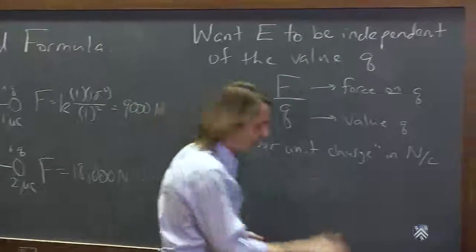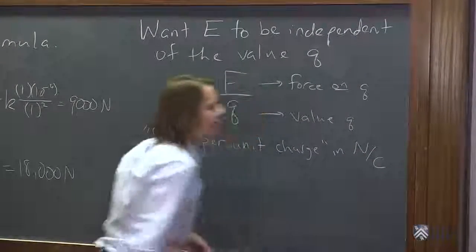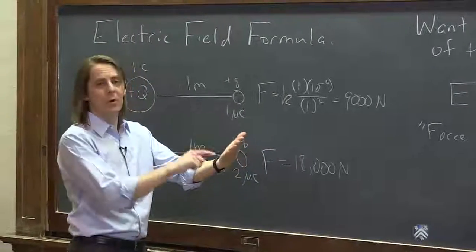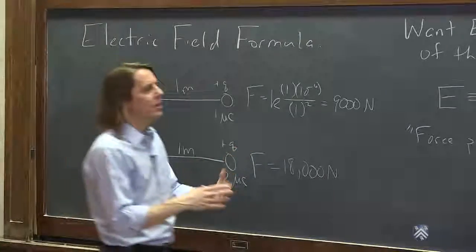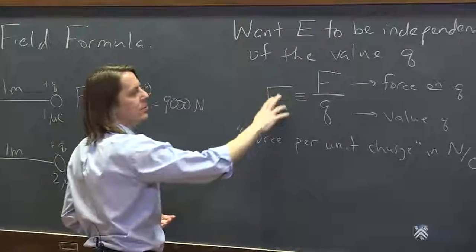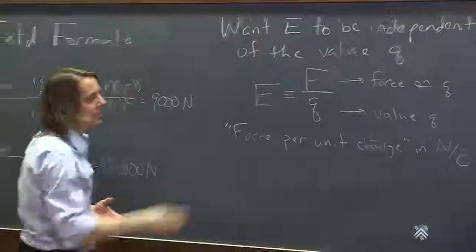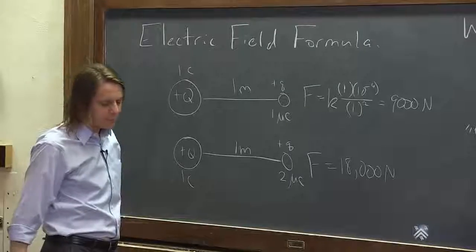That's useful to help you calculate the force a charge would feel. If I have a field somewhere that's 5 newtons per coulomb, and I stick a coulomb there, it's going to feel 5 newtons. If I stick 2 coulombs there, it's going to feel 10 newtons. Just using this simple equation. You can rearrange it and say F is q times E. This is usually how we think of defining it when we're thinking this way.